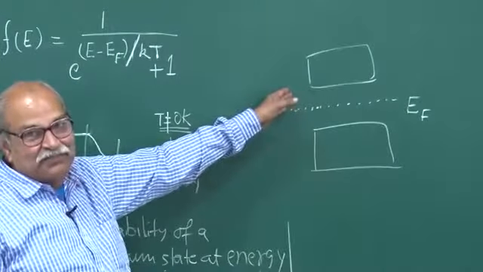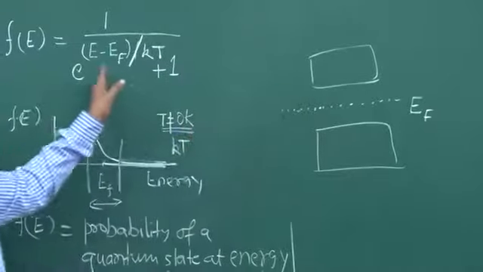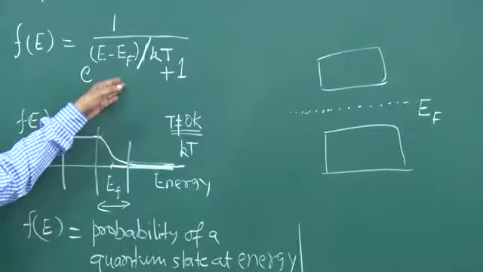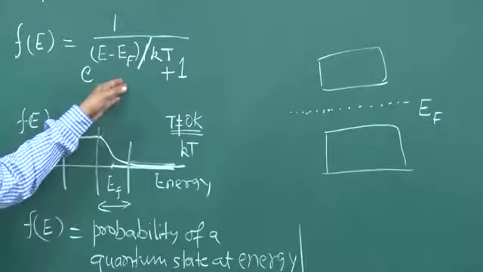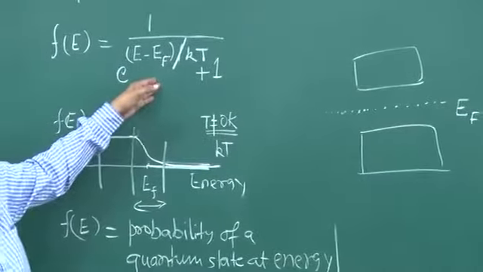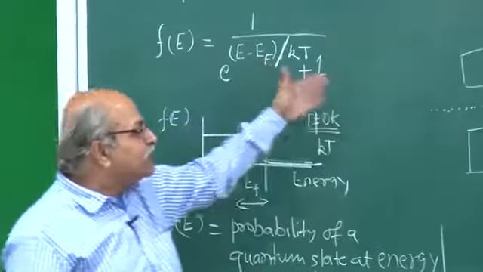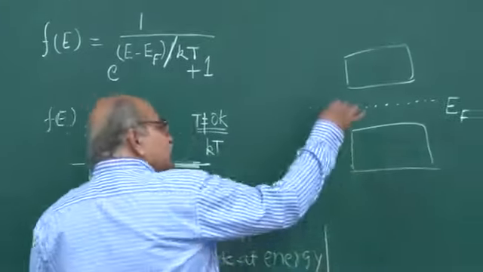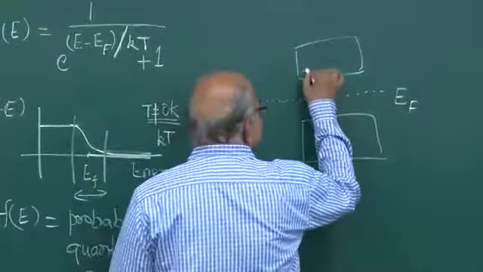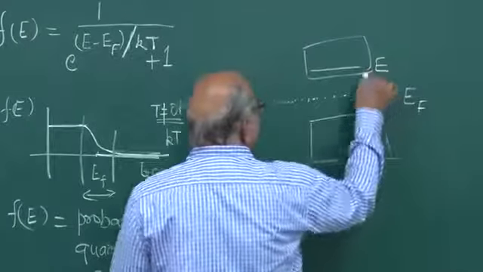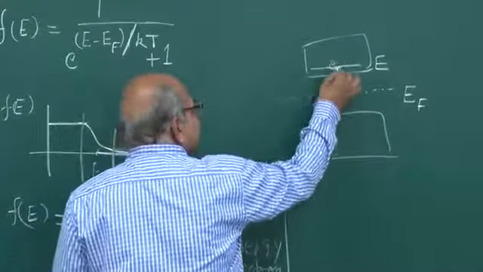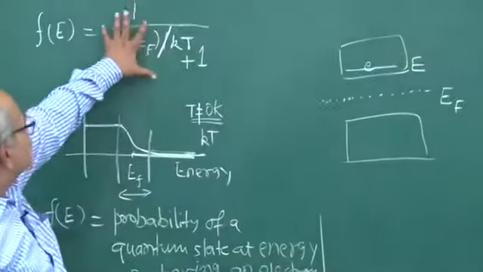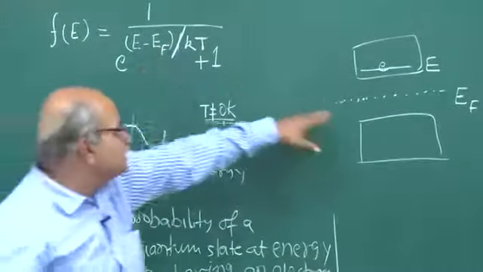So although the function at E equal to EF is 1 by 2, there is no quantum state there, so that question is out. But you have to measure from here. If there is a quantum state here at energy E, what is the probability that it will have an electron? You have to calculate that probability using this EF, and that EF is here.